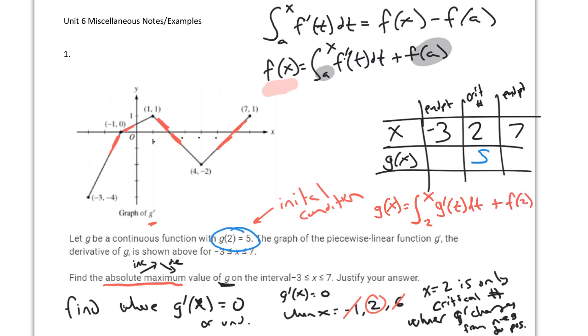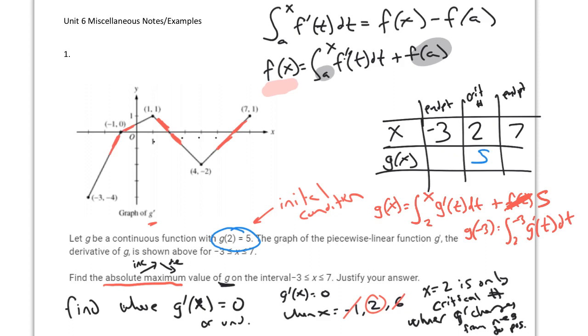Well, that g of 2 we know is 5, so plus 5. And then I can evaluate this. So g of -3 is going to equal the integral from 2 to -3 of g prime of t dt.